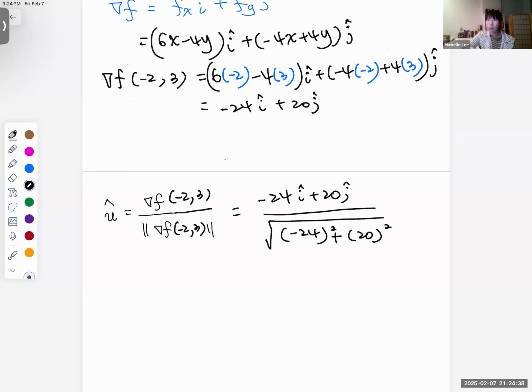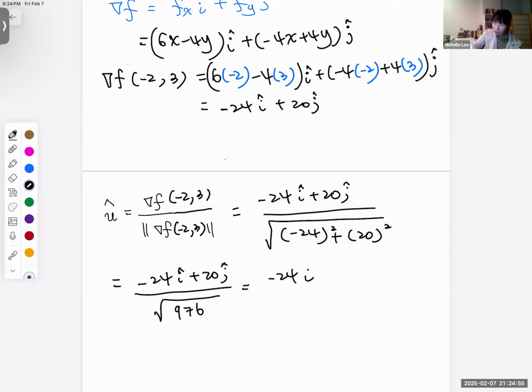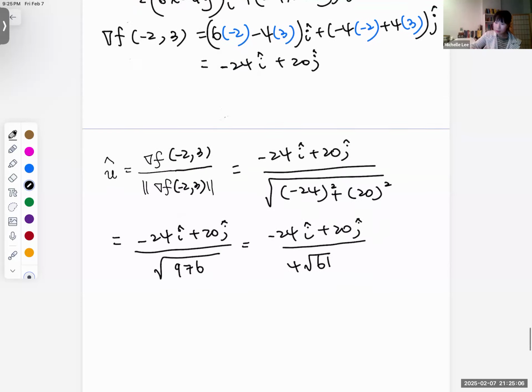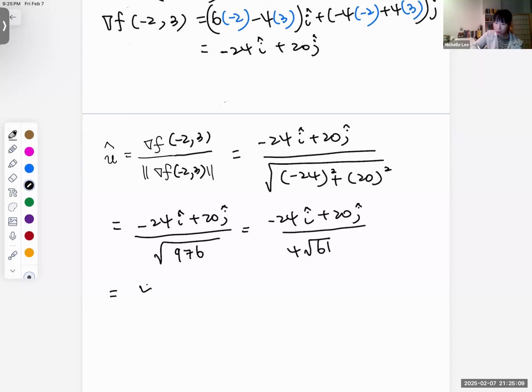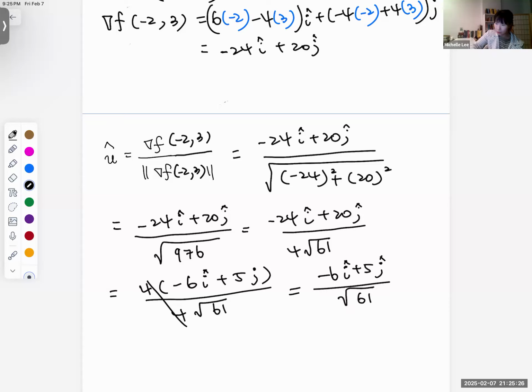That is negative 24 i hat plus 20 j hat over the square root of 976, which simplifies to 4 square root of 61. Then we can simplify to negative 6 i plus 5 j over square root of 61.